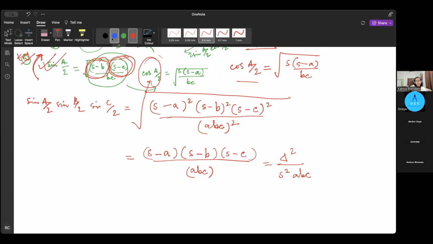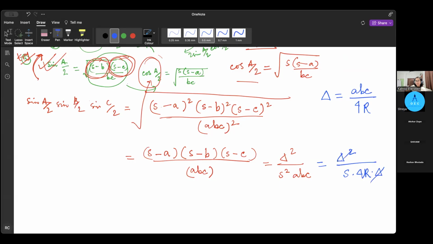And I think you remember this formula: delta equal to ABC by 4R. So what is ABC? 4R times delta, right? So it is delta squared by s, 4R, times there's a delta.